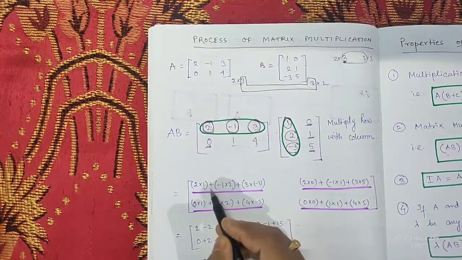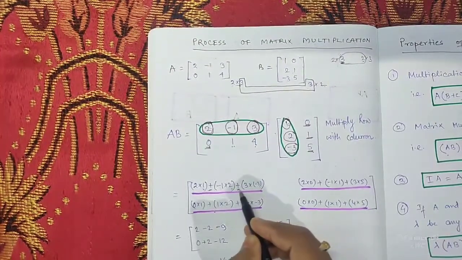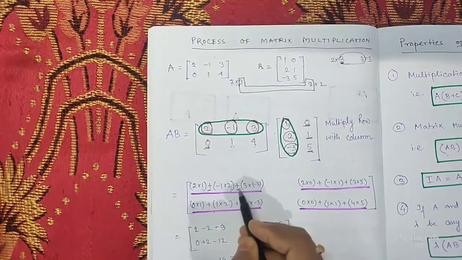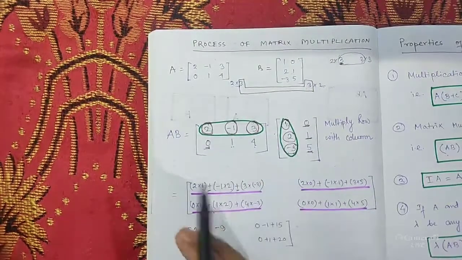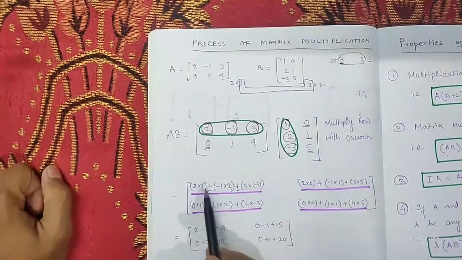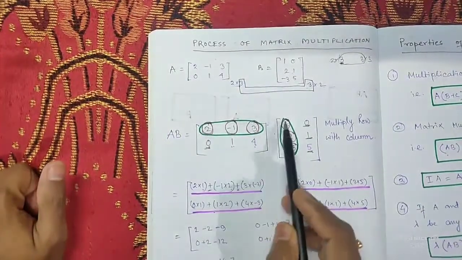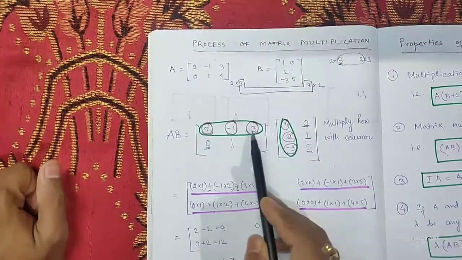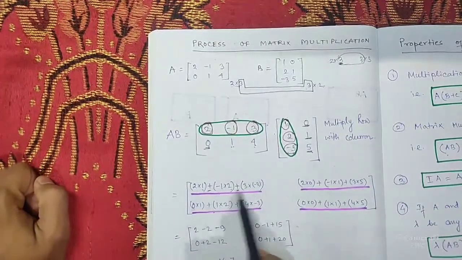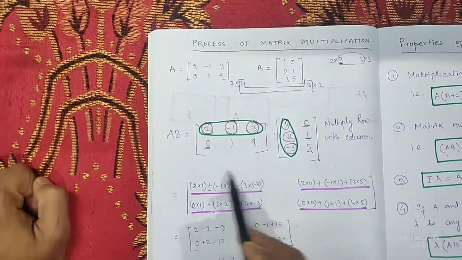In between, the sign is always positive. That means 2 into 1 plus minus 1 into 2 plus 3 into minus 3. This is the first element of the resultant matrix.